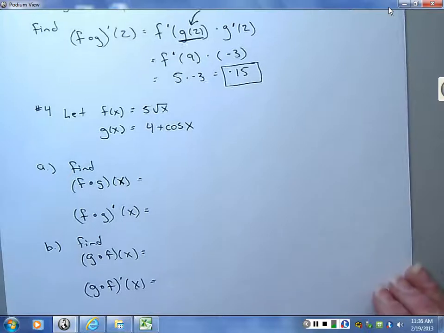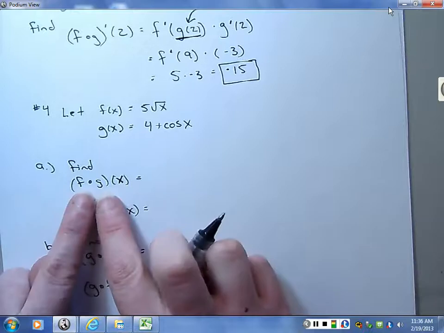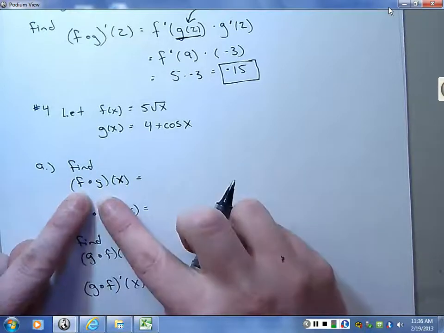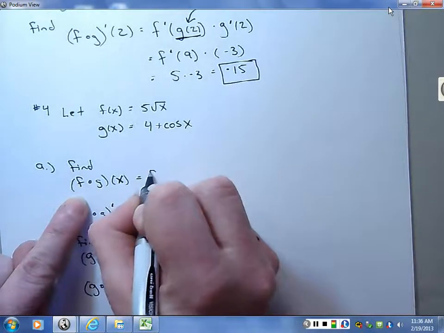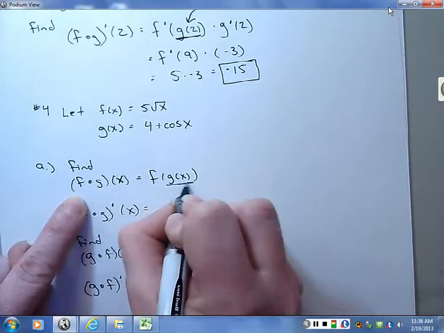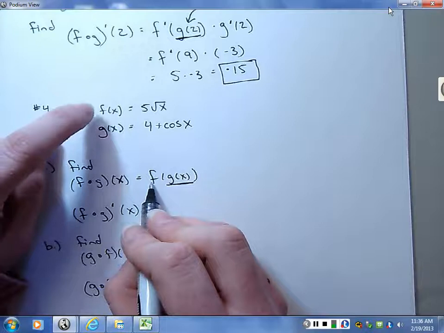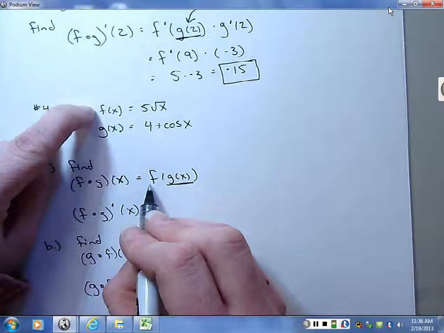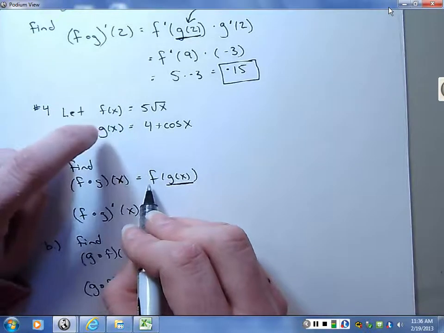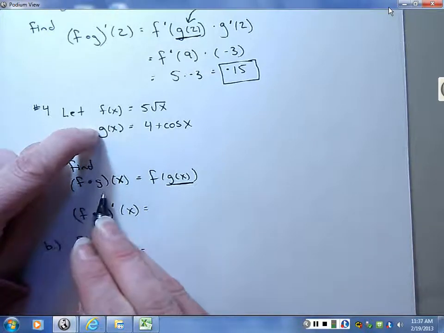So, composition: I take the outside function and I evaluate it at the inside. In this example, the outside function is f, so really I have f of g of x. What this means is everywhere I have an x in my original outside function, I plug in the inside function completely. So what is going to be the composition f of g of x?